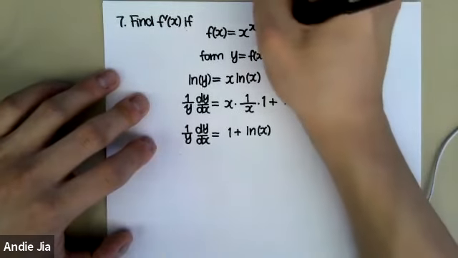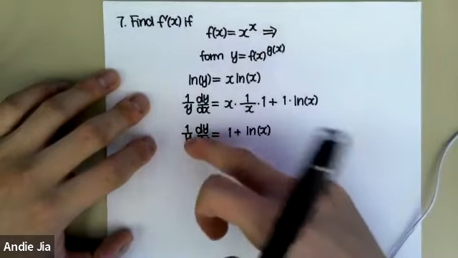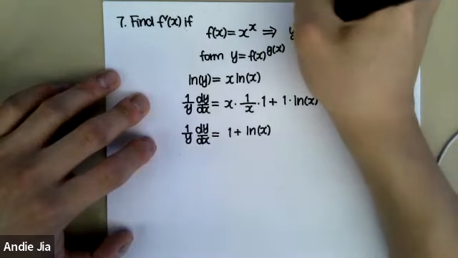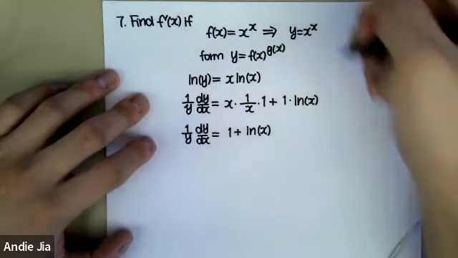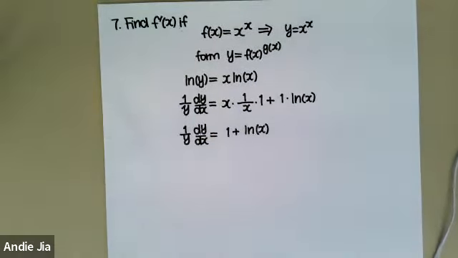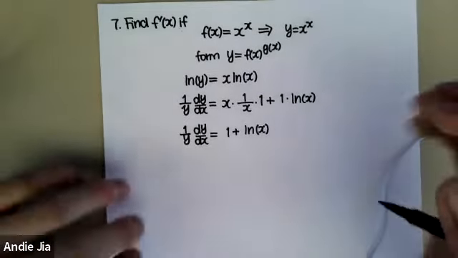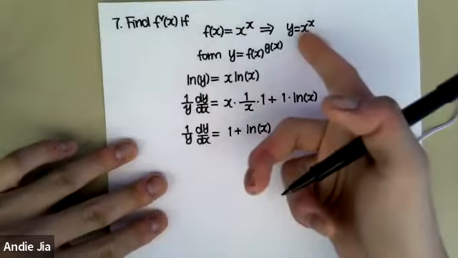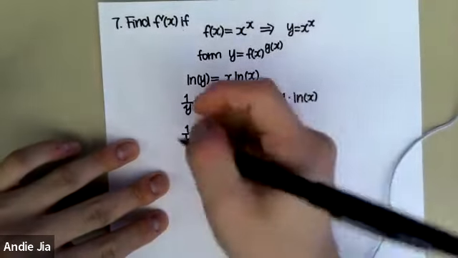Actually, for easier understanding, just y equals x to the x. People may ask where the y comes from, because I don't want to write f of x equals x to the x, but I wrote y. So here is what y is.